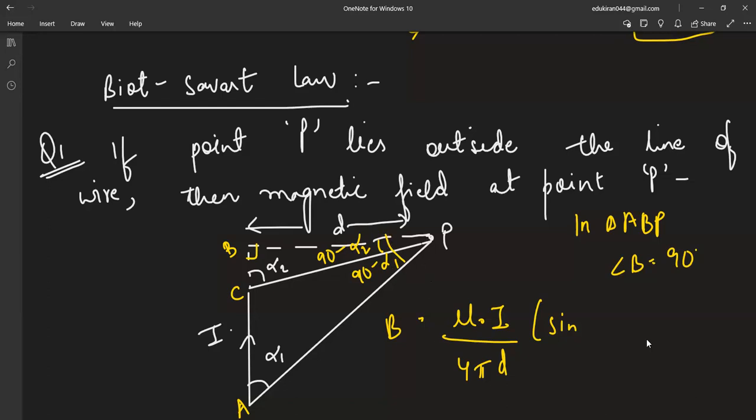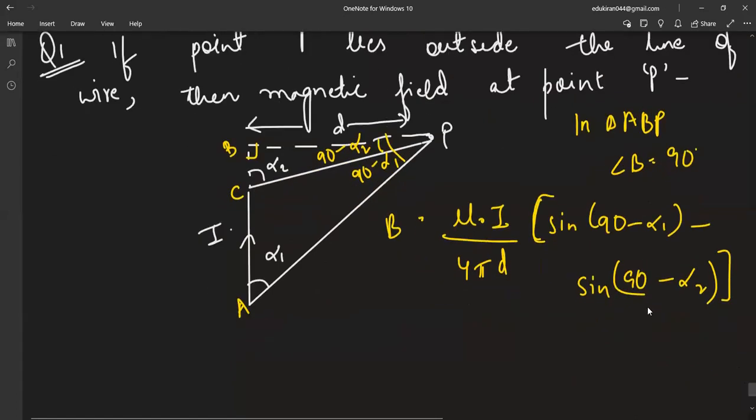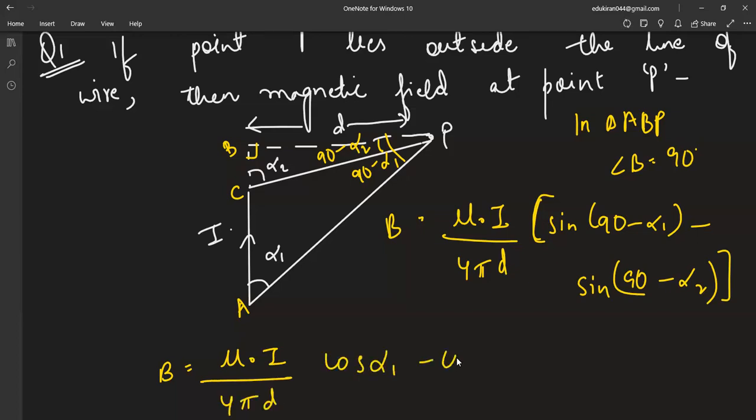So this becomes sine of 90 minus alpha 1, minus sine of 90 minus alpha 2. What is sine 90 minus theta? Cos theta. Perfect. So the answer is mu naught I by 4 pi d, cos alpha 1 minus cos alpha 2. That's it. Clear?